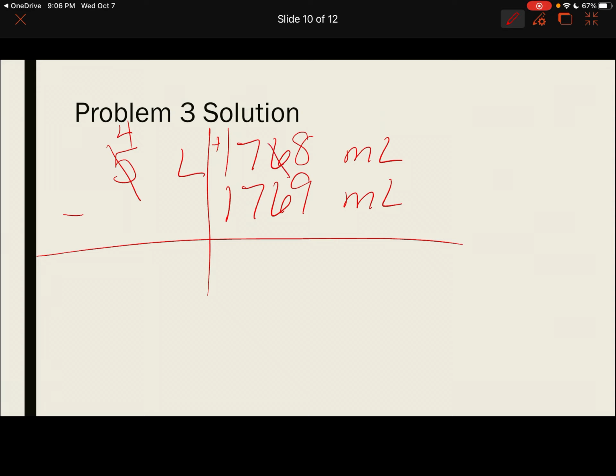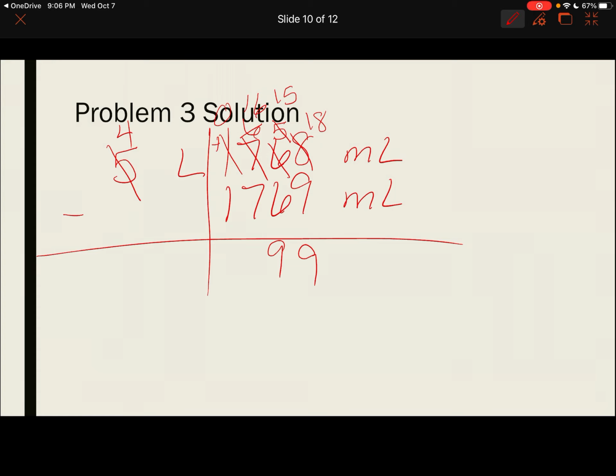So that turns into a 5. That turns into an 18. It's 9. Can't do that. So 15 minus 6. That's 9. 6 minus 7. Can't do that, so that goes to a 0.